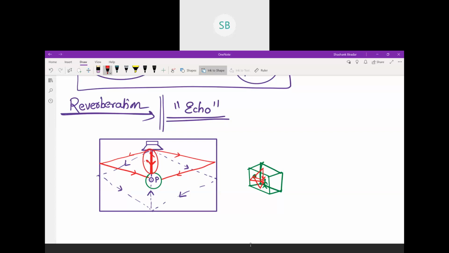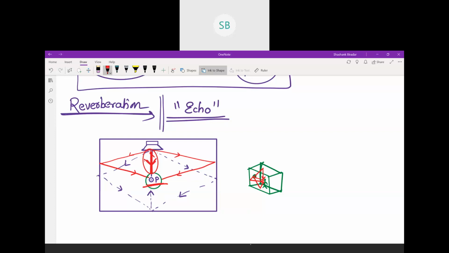When the person P is listening to the reflected sound, it appears like a distant echo if the time gap between the direct one and the reflected one is longer than 60 milliseconds.